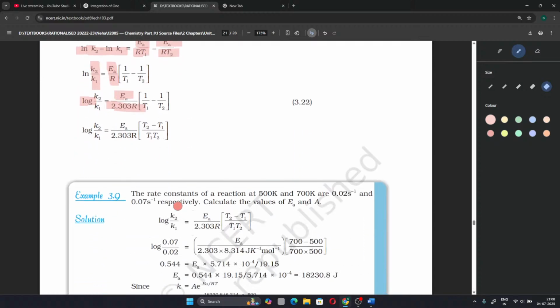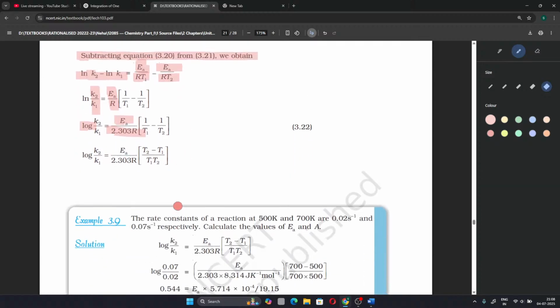This is the equation for finding the change in rate constant when there is a change in temperature, with no change in activation energy.